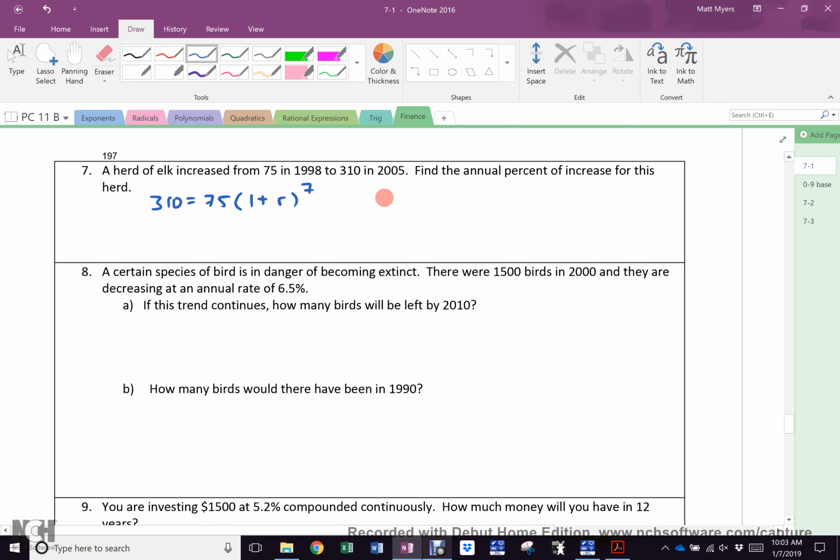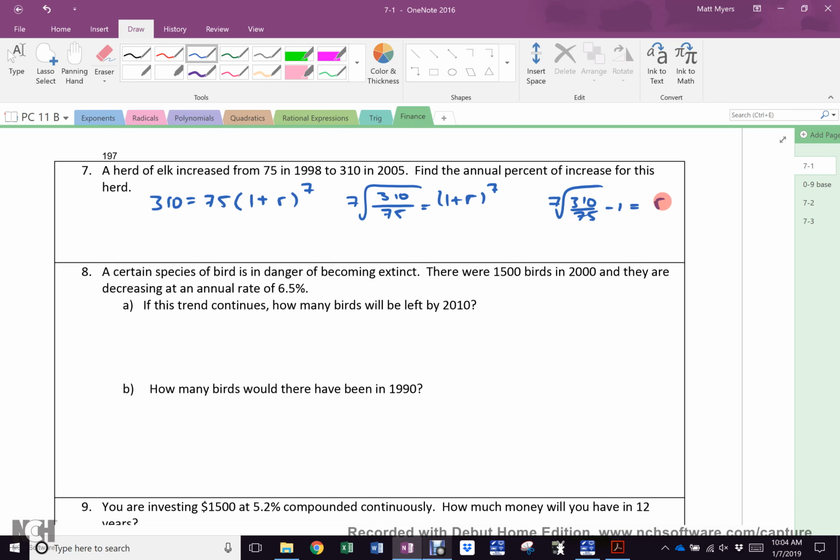So, I do my algebra. 310 over 75 equals 1 plus R to the 7th. So, I take the 7th root of that, and I subtract 1 from it. 7th root of 310 over 75 minus 1 equals my R. And you will have to figure that out.